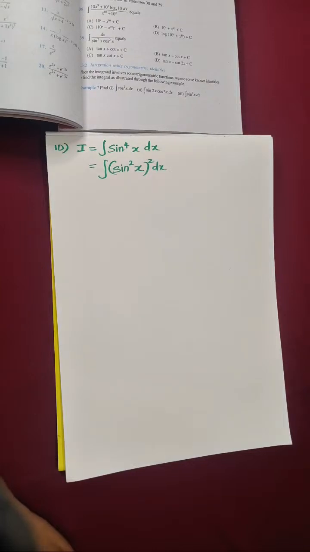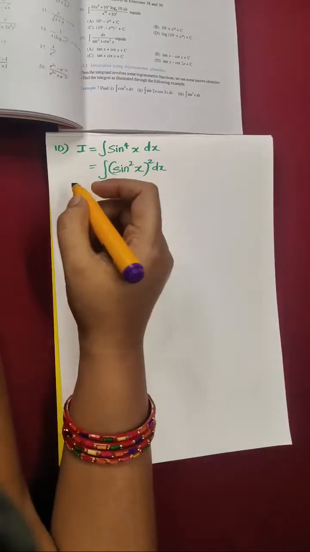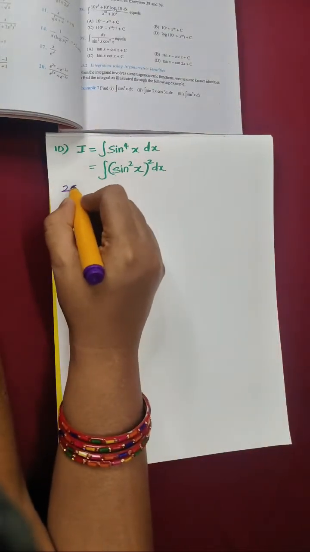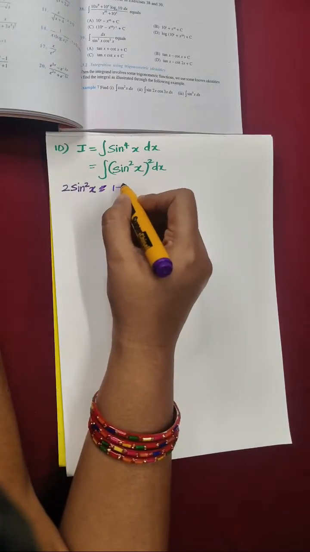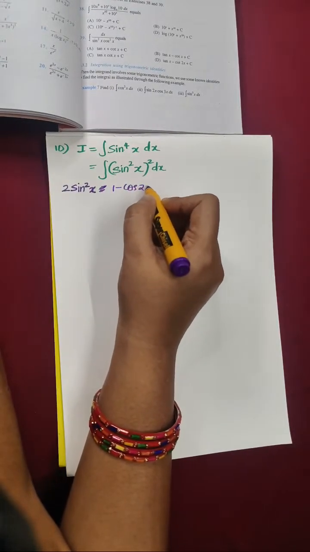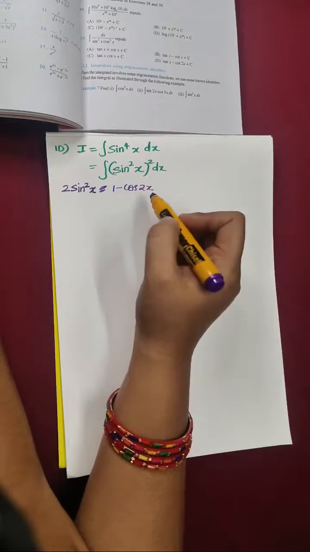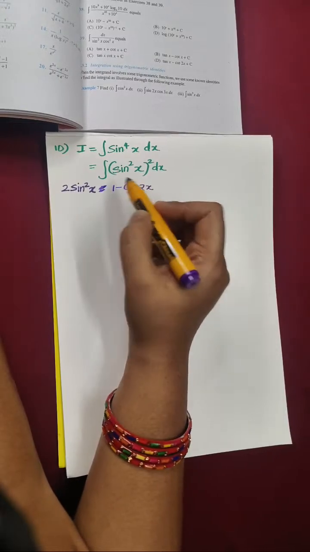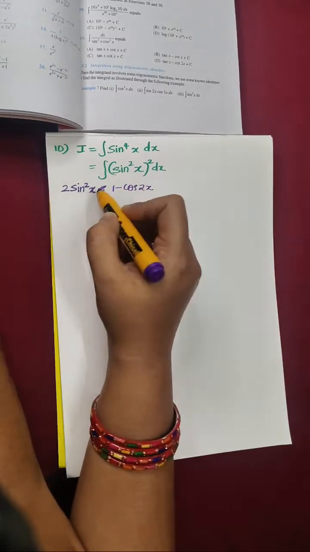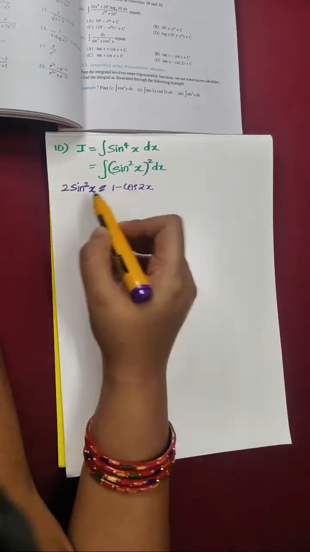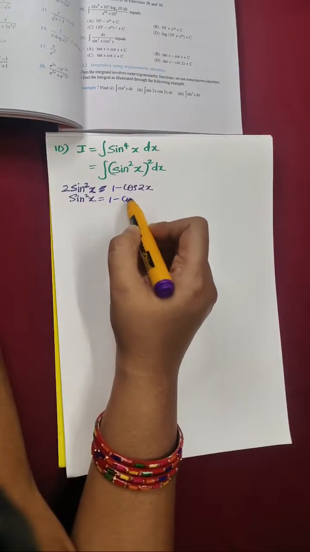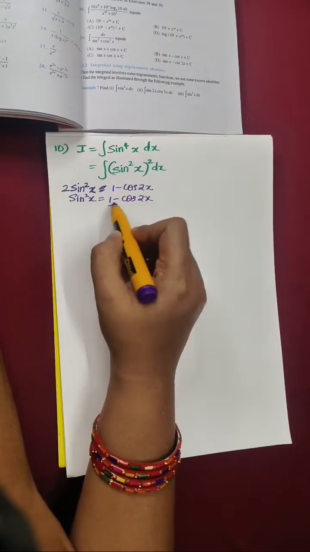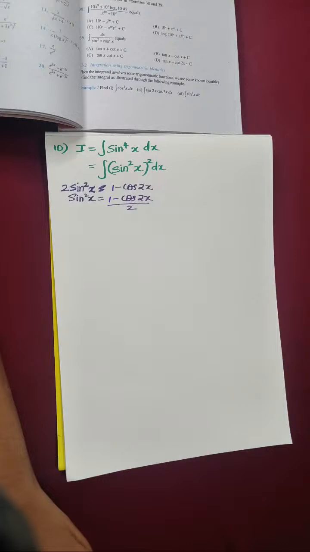So, for sine square x, we know 2 sine square x is 1 minus cos 2x, because 1 minus 2 sine square x is cos 2x. Swapping the terms, taking this 2 to the right side as by 2, sine square x can be replaced as 1 minus cos 2x by 2.